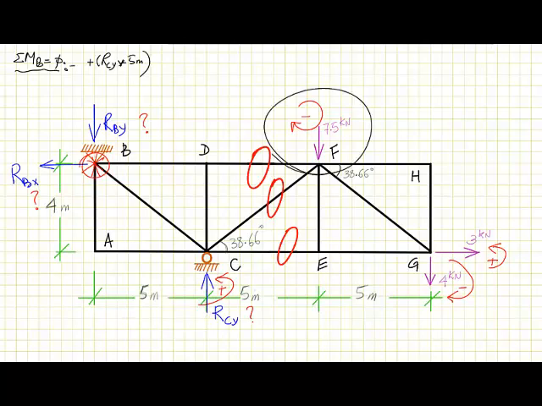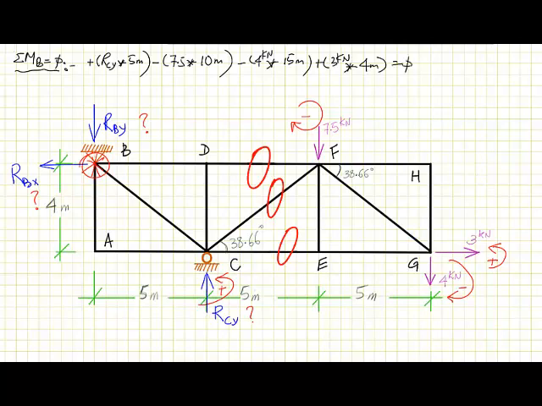Then we have this force 7.5 negative, minus 7.5 multiplied by this distance, which is 10 meters. And then we have this, which is negative, so minus 4 kilonewton multiplied by the distance from here, which is 15 meters. And then this is positive, plus 3 kilonewton multiplied by this distance, which is 4 meters, is equal to 0.